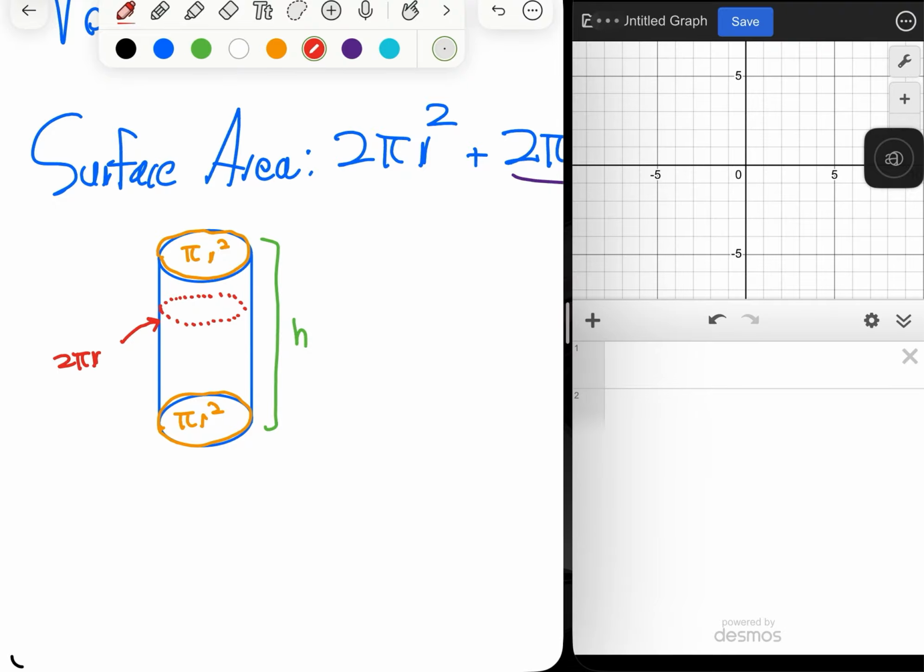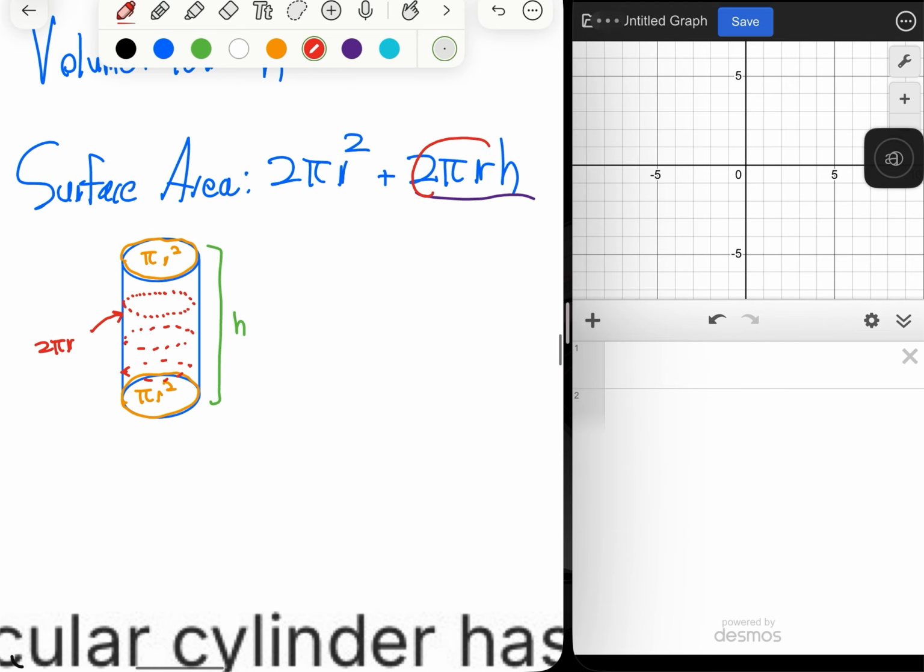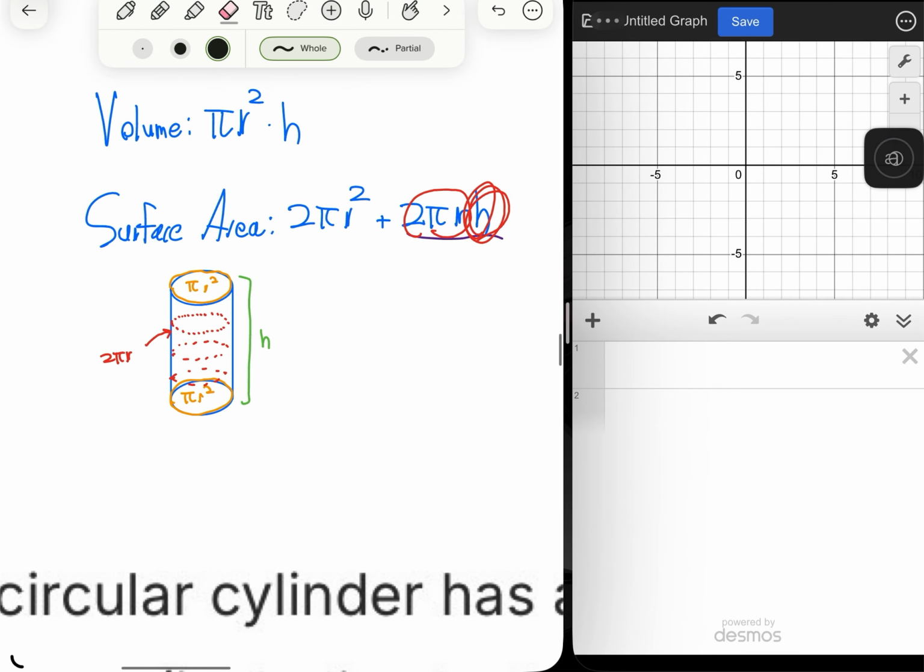And if you think of it, there's an h amount of circles across this entire cylinder, because there's one here, there's one here. So that's where the 2 pi r times h comes from, because there's an h amount of 2 pi r's, if that makes sense. But that's just a breakdown of where the formula comes from.